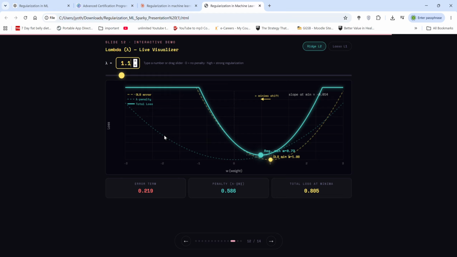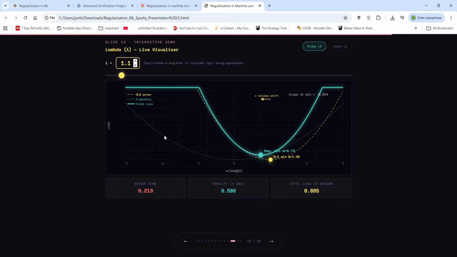Therefore it helps in importance of selection. It prevents overfitting of that particular feature. So this is what it is about: the relationship between the lambda, the error, as well as the minima.